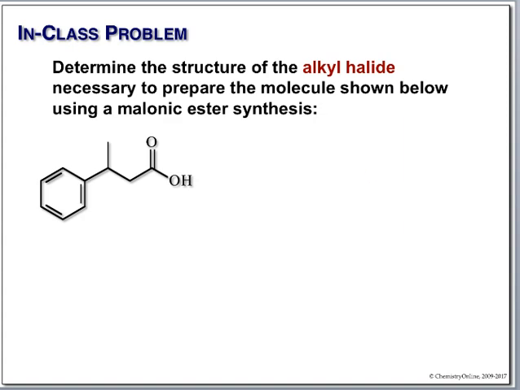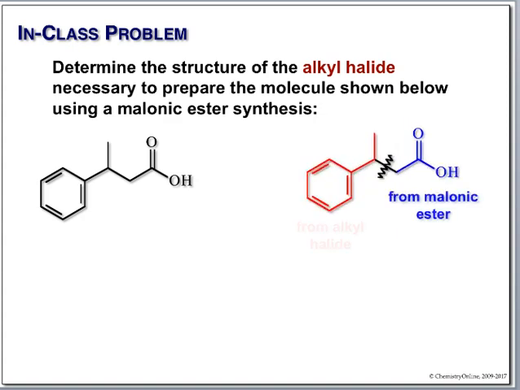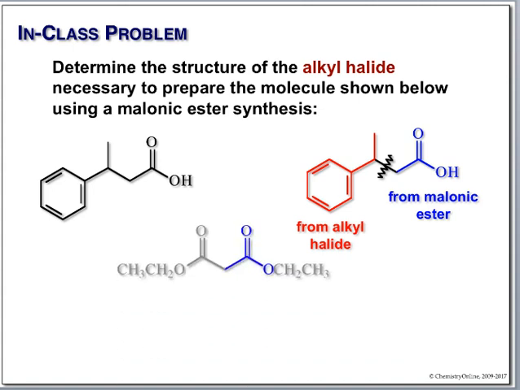Okay, let's do the first one here. We identify carbons of our substituted acetic acid. This came from malonic ester, right? And everything else came from the alkyl halide. So our malonic ester anion reacted at this carbon. Here's the blue part that survived.